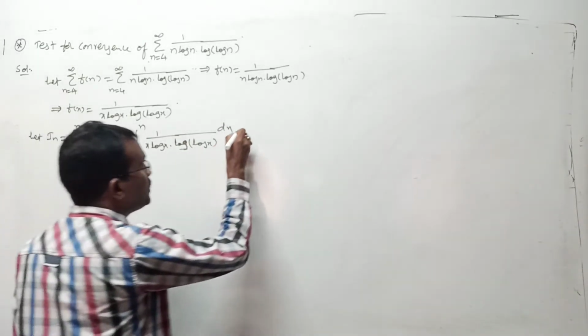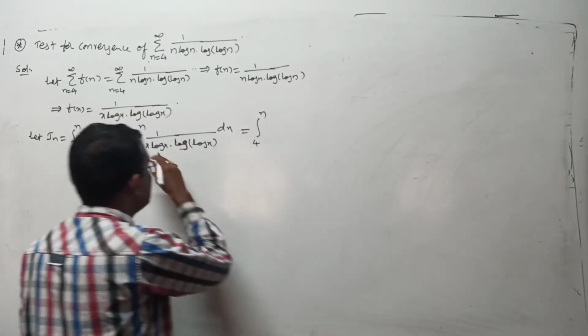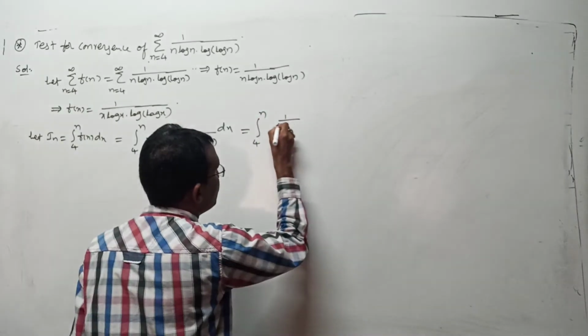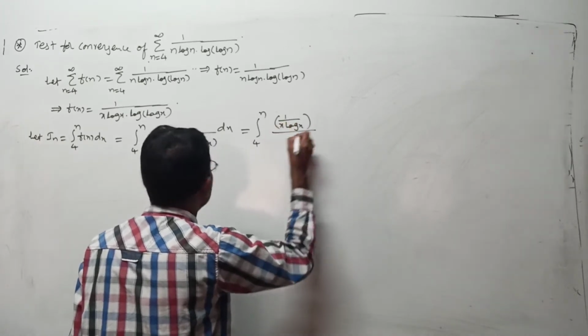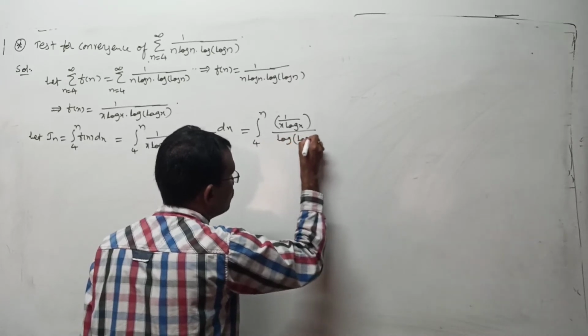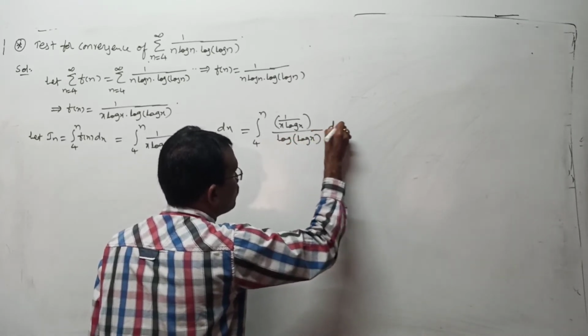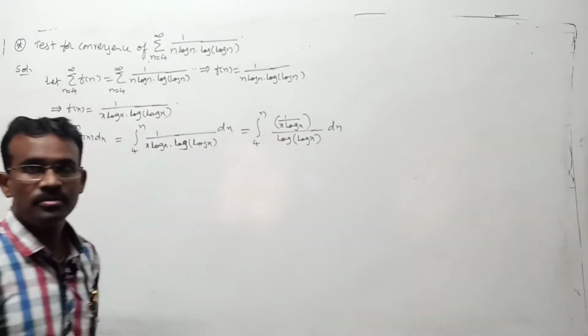To evaluate this integration, for my convenience I am writing it as integral 4 to n of 1 by x into log x, whole by log of log x. Any problem there? Both are the same. Again this whole by this means this by this into this only, same thing we get.